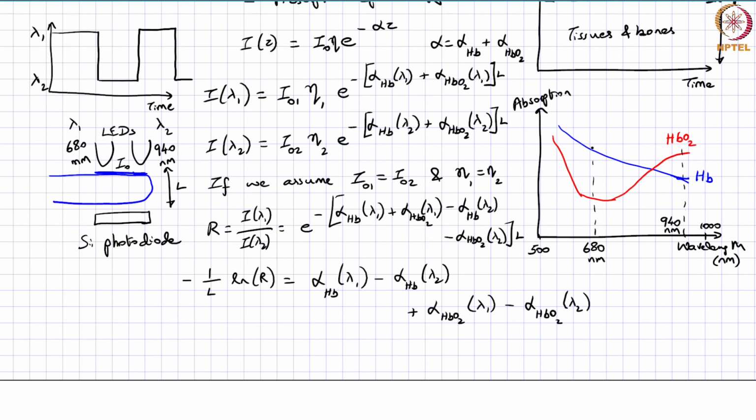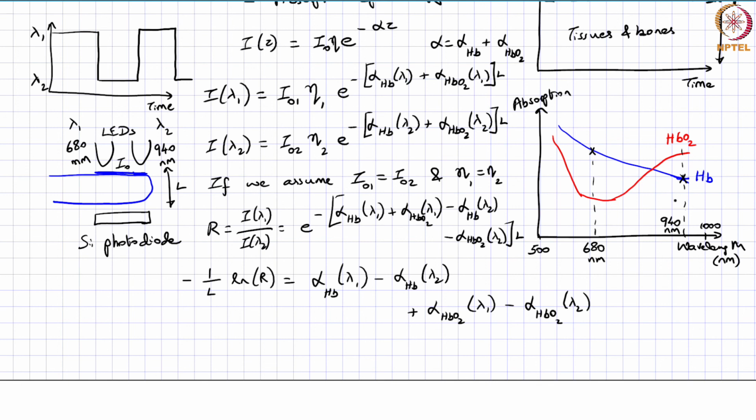If it is 0% oxygen saturation, of course, if you talk about realistic numbers, at 0% you're not alive anymore. But anyway, you will see these values. At 680 you will see a value of alpha like this, and at 940 you will see a value like this, and you will have a corresponding ratio based on that.